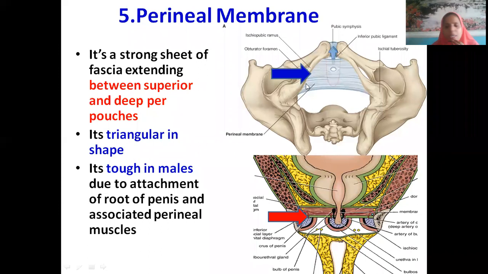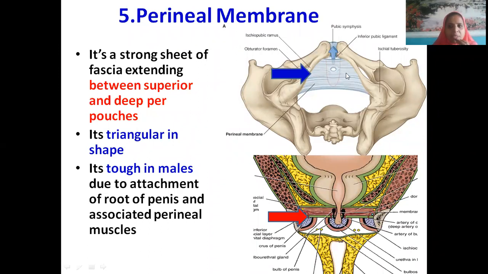See, I kept two sections. This is the pelvic outlet where you are seeing exclusively the perineal membrane. This is the coronal plane where you find all these structures in order, stepwise from outside to inside: skin, fascia, superficial and deep perineal pouches, pelvic diaphragm and all. Now, this perineal membrane is a strong sheet of fascia extending between the superficial perineal pouch and deep perineal pouch.